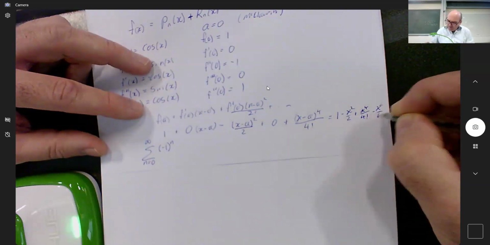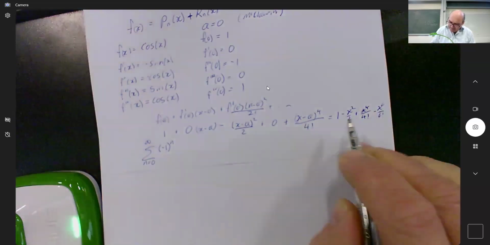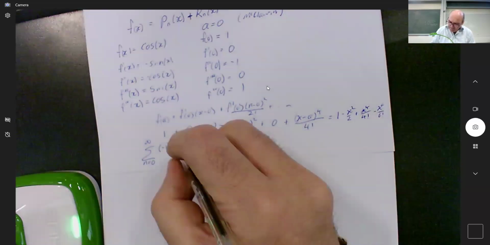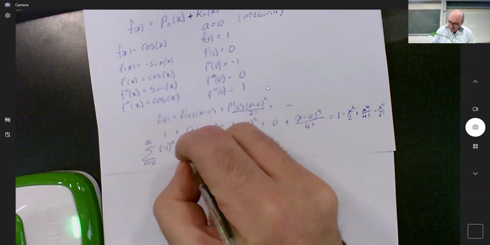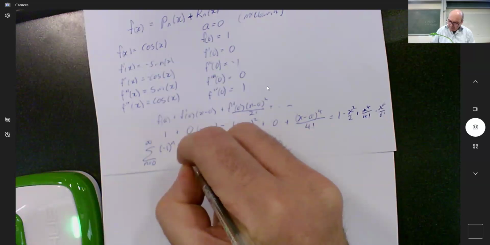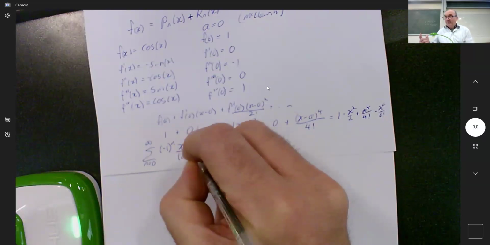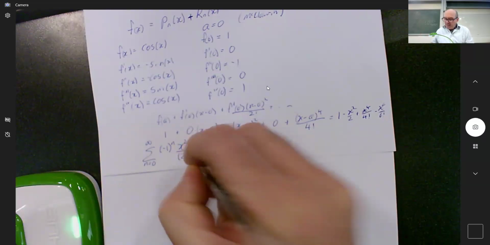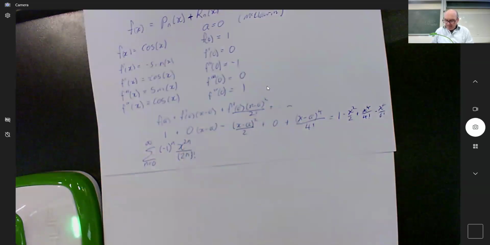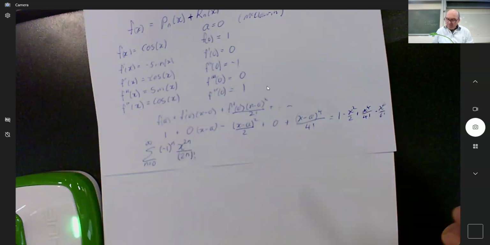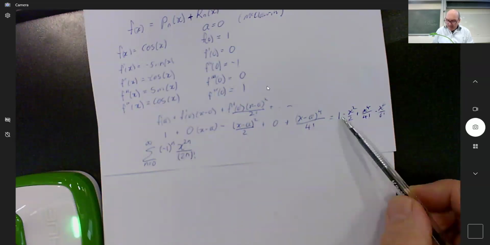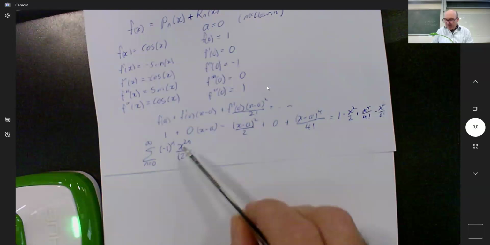So I could work this out. This is going to be x to the 2n on 2n factorial. Now, notice this 2n thing happening, and what I want to do is check. When n is equal to 0, that should get me 1, and that means the sign is positive, sweet.